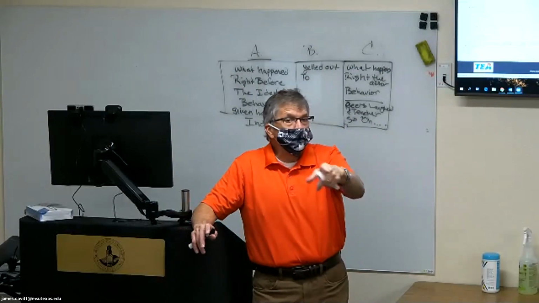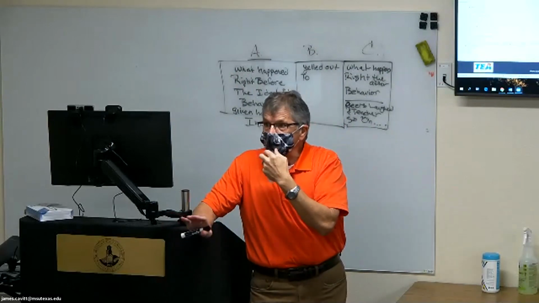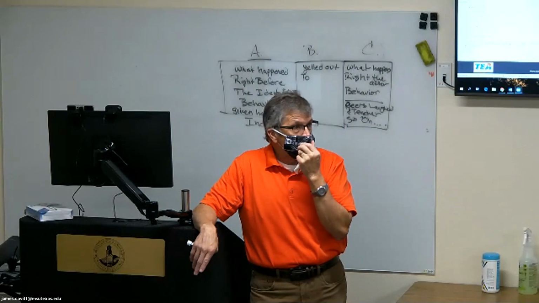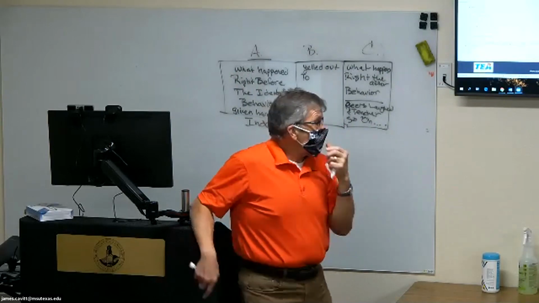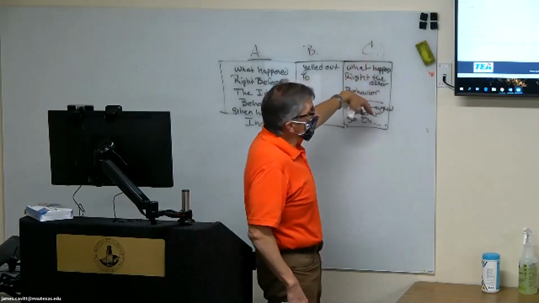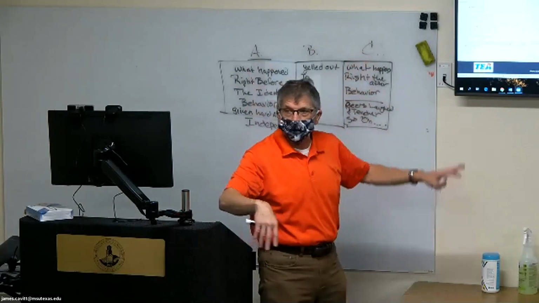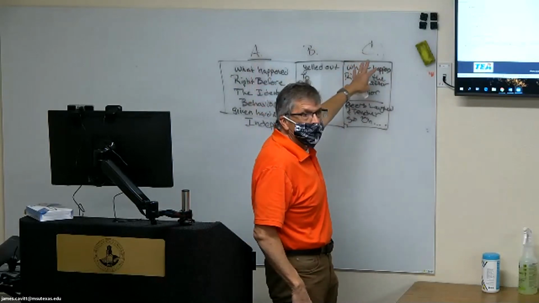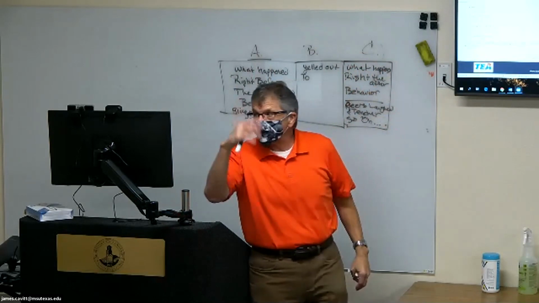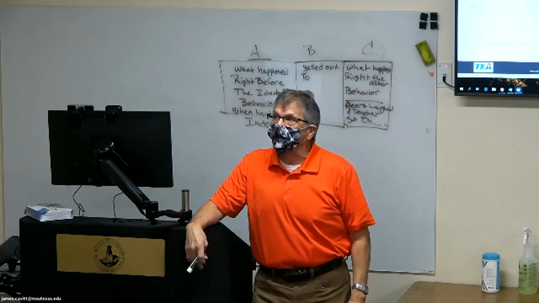All behavior serves a function. All behavior has a purpose. It's either to get something or to avoid something. And it could be that he yelled out and the teacher sent him to the office where he got no attention. If that was that, then that would be escape, correct? So that's the important piece on that.